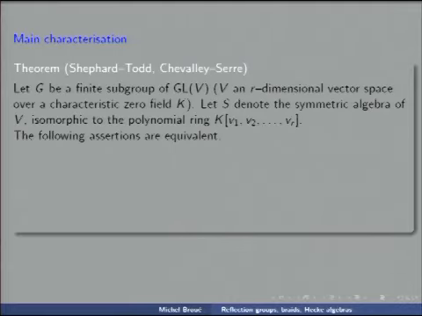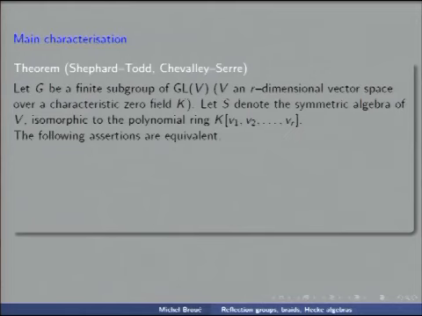And now the main characterization is due, first of all, to Shephard-Todd, and then to Chevalley-Serre. A little bit of a story. Shephard-Todd in the 50s, I never remember, 51? Who knows this? 54, thank you.